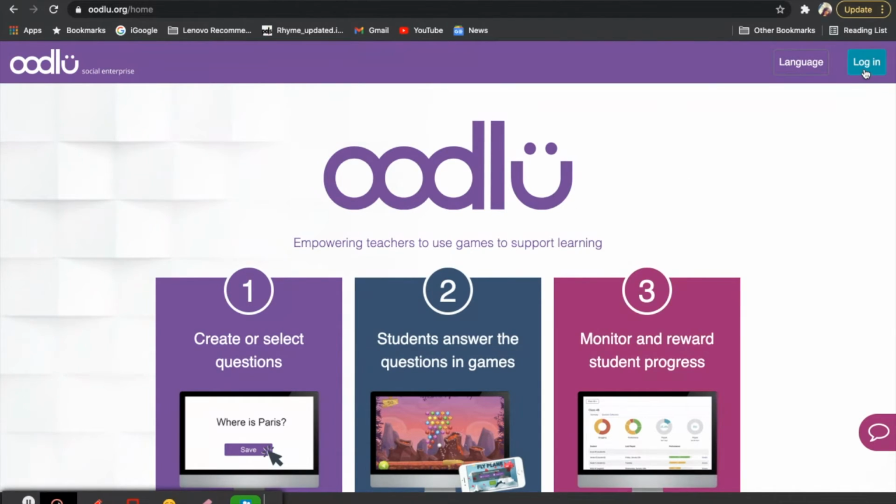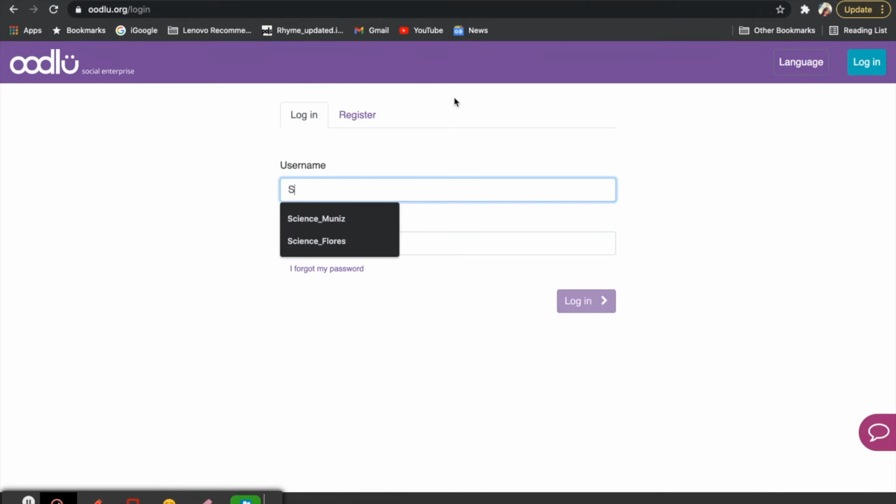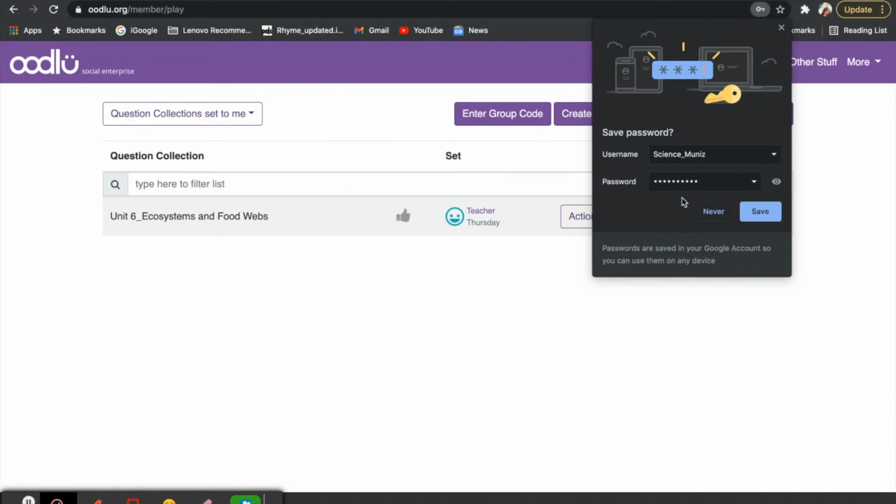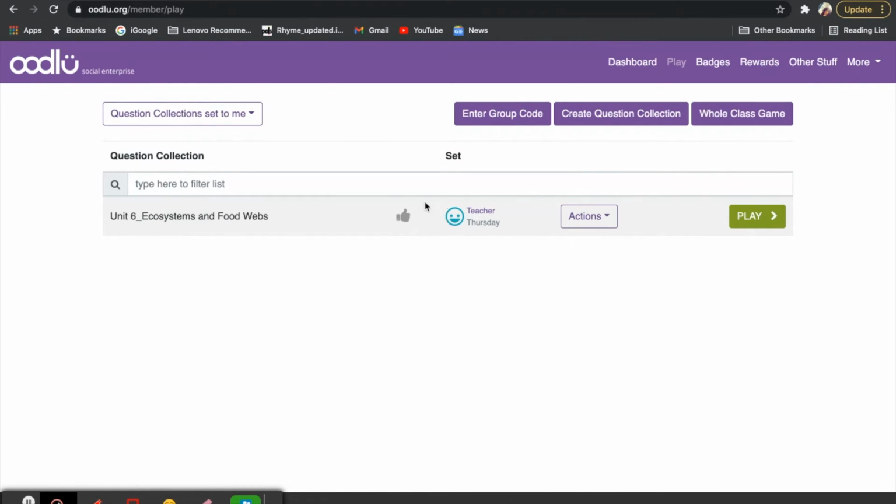You will click login. You will type science with a capital S, then an underscore, then Muniz. And then the password is science with a capital S, number 4, and then me, M-E. Click login, and then once you are here, you will see Unit 6 Ecosystems and Food Webs.